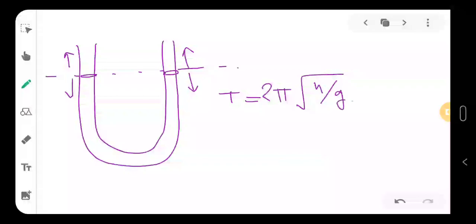You can also write this as L by g, where L is the length of the liquid column in the equilibrium position. So the height from here to the equilibrium position, that is your L in this case.